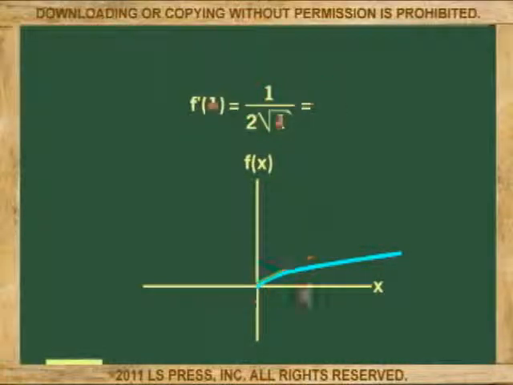And when x is 4, the slope is 1 over 2 times the square root of 4, or 1 over 4. And when x is 9, the slope is 1 over 2 times the square root of 9, or 1 over 6, and so on.